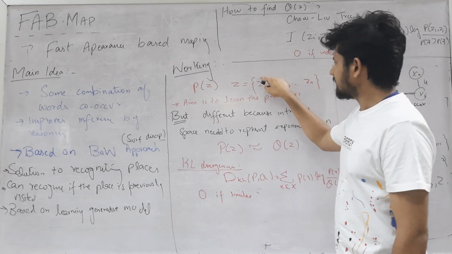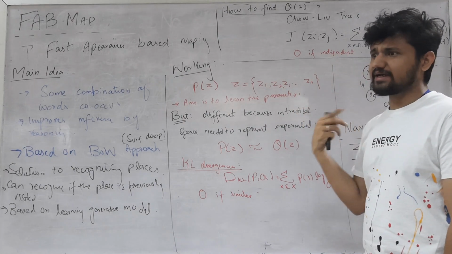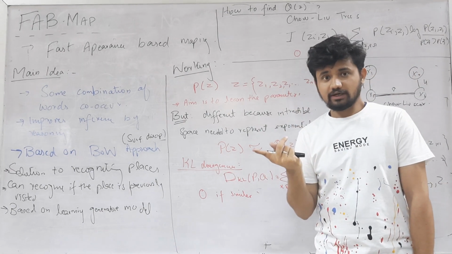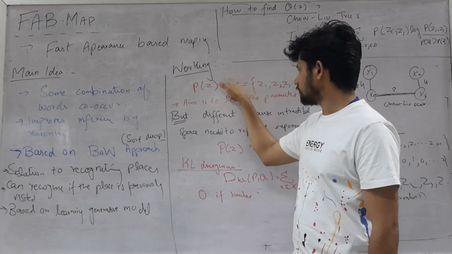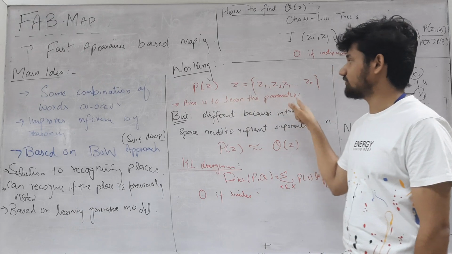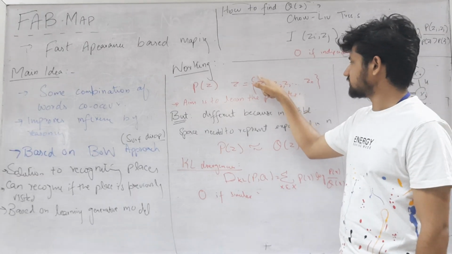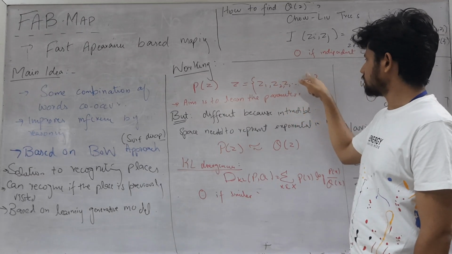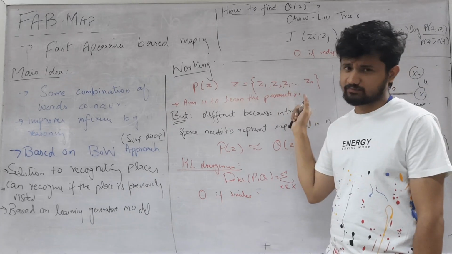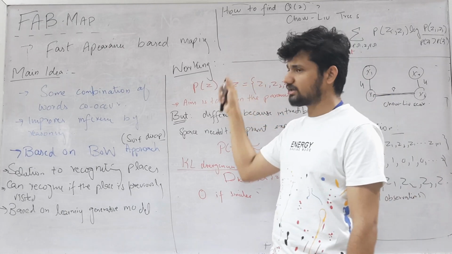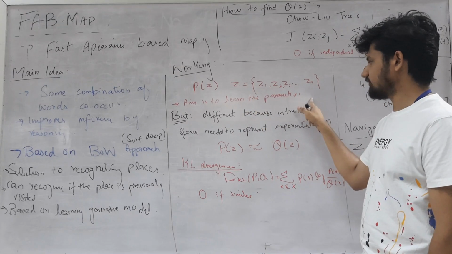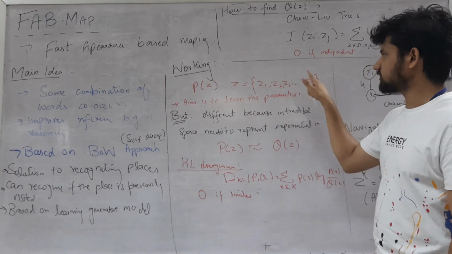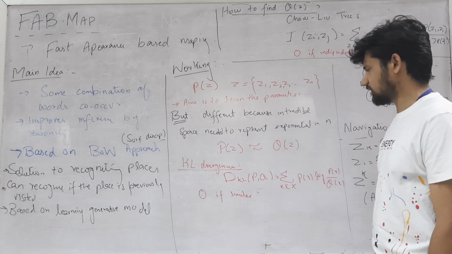Now every random variable is independent of the others, and our whole idea is to learn the parameters for capital Z, which is very difficult. Why? Because you have to estimate the parameters of each of these random variables to estimate the parameters of this whole distribution. And plus, storing this information is also very difficult.